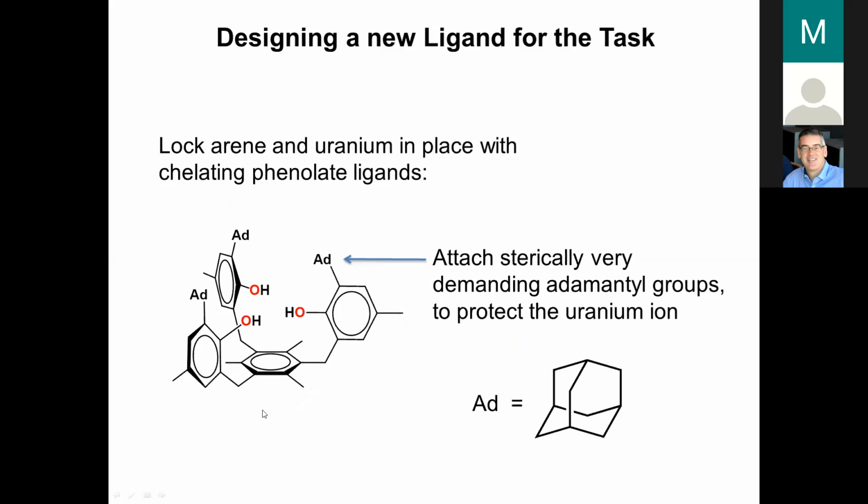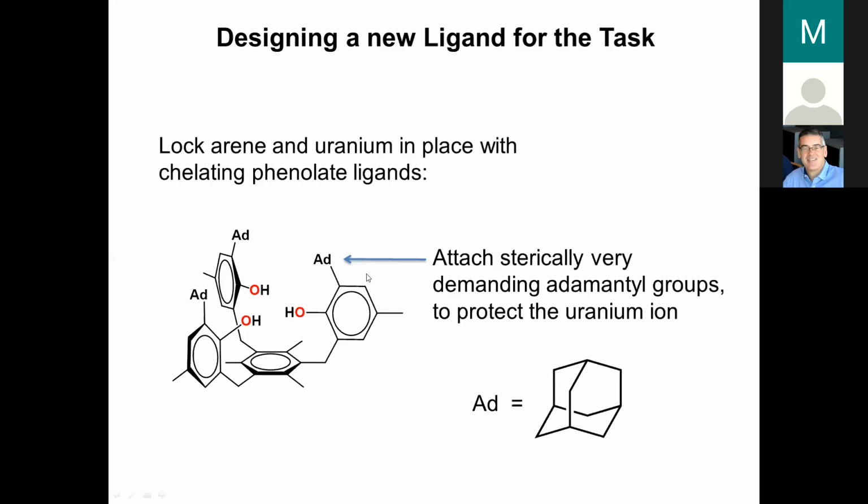Attaching a uranium ion to a pi system is not easy, so we decided to do this by adding phenolate linker arms onto an arene ring that would then help to lock a uranium ion right here into place and force an electronic interaction between f orbitals and the pi star orbitals of this ligand backbone.